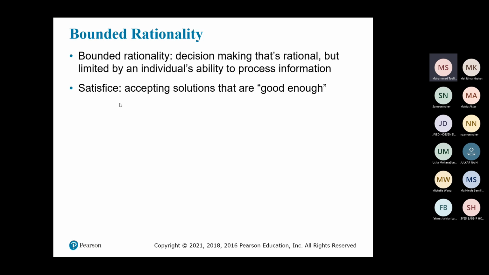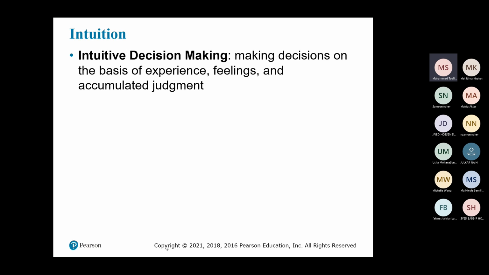What you have is the information and knowledge that you already have, and you make the decision based on that. So the decision you make is only a good enough solution. It's not the best, but good enough to solve the problem. That is bounded rationality decision making.